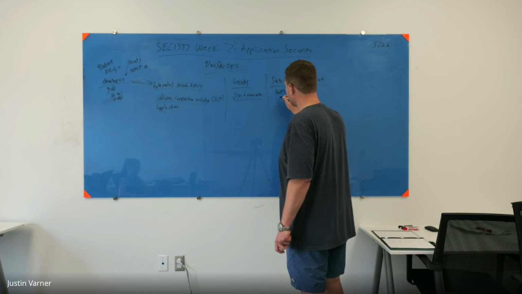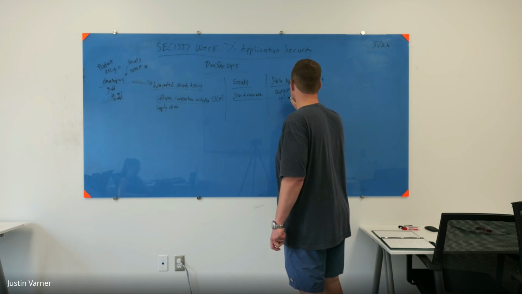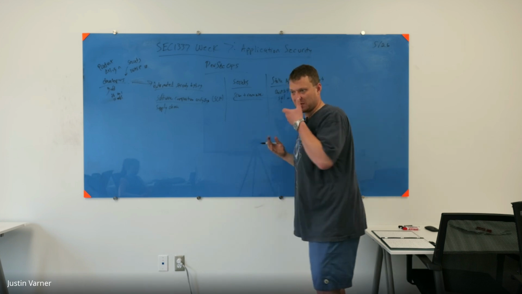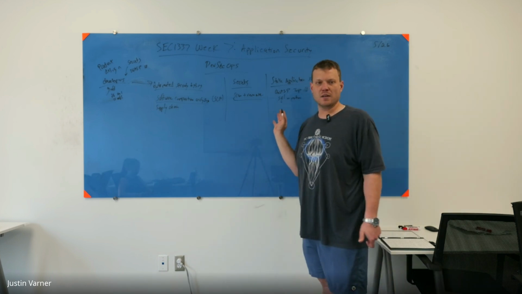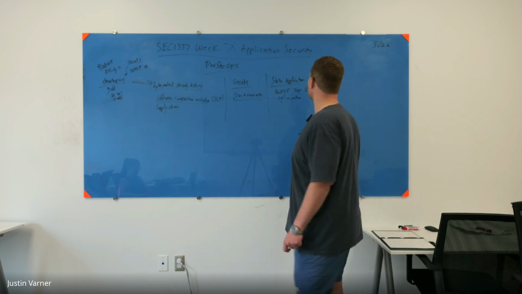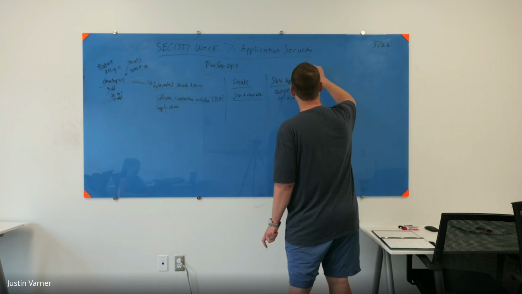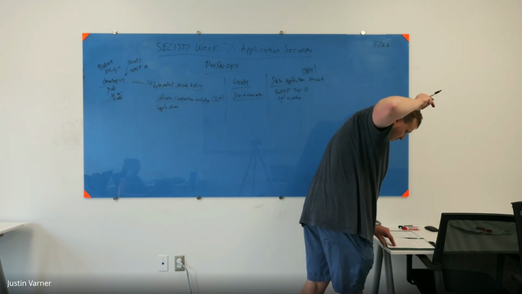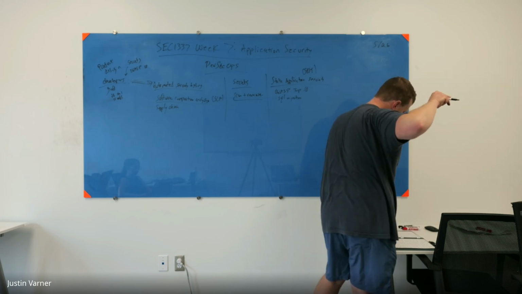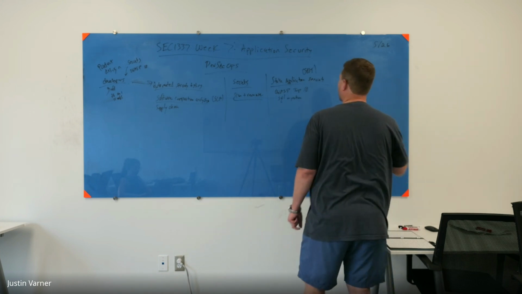Is there SQL injection? Is there cross-site request forgery? All that stuff in just the straight-up code base, when it gets committed to your code repository, like GitHub and so on. That's called SAST.